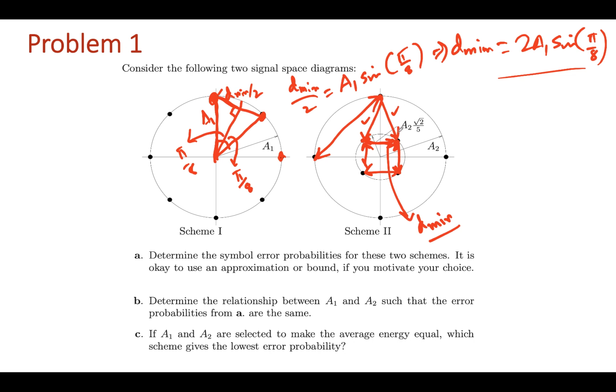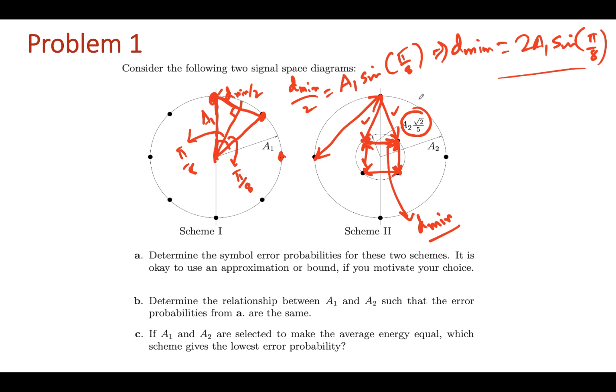So all you need to calculate is the d mean for the inner circle, and this is the radius of the inner circle.